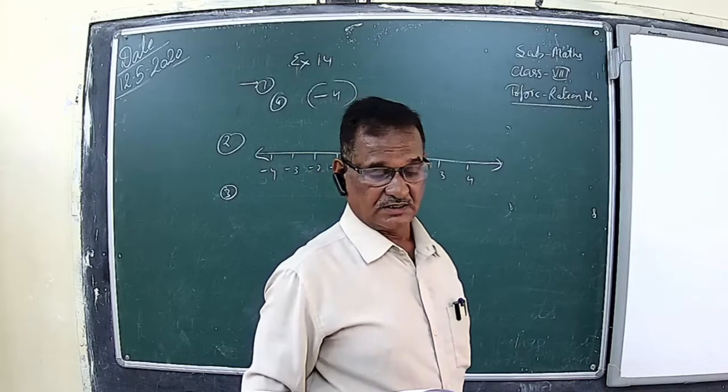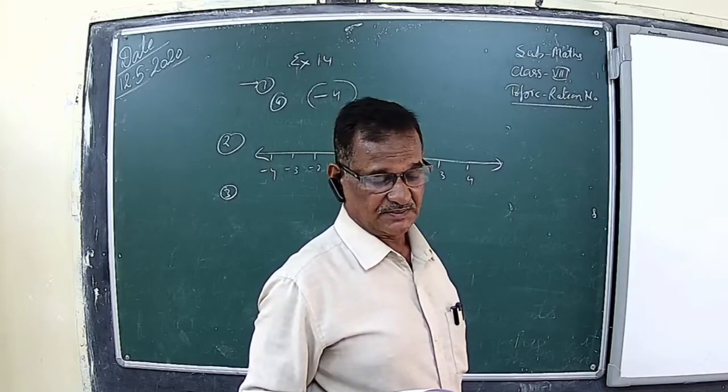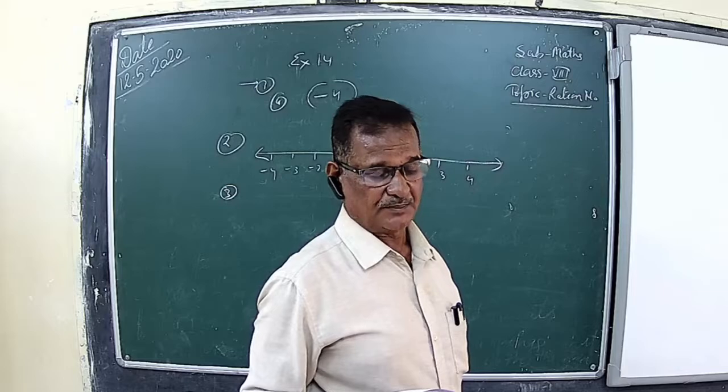Represent 3 rational numbers between 7 upon 4 and 9 upon 4.